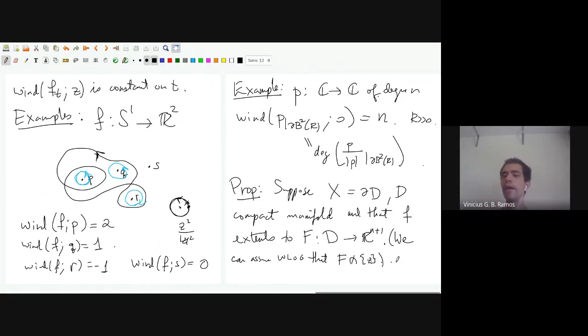Because we know that Z is not in the image of f, F is transverse to Z. If you can extend it, then you can perturb your function away from the boundary so that it's actually transverse to Z.